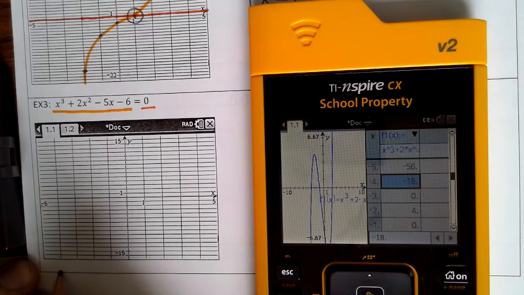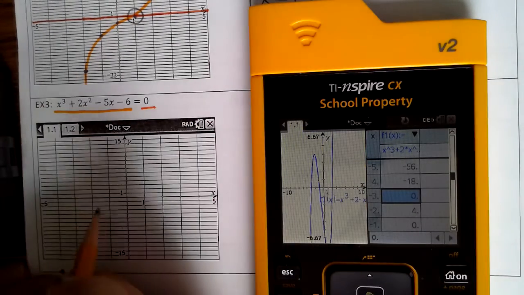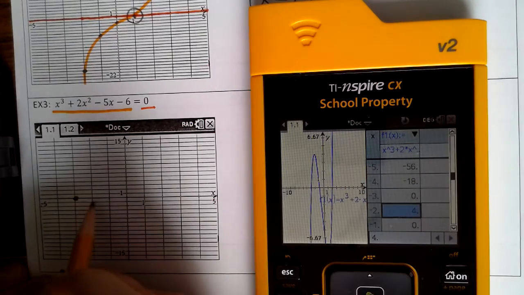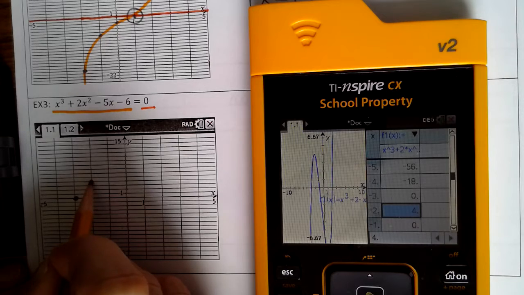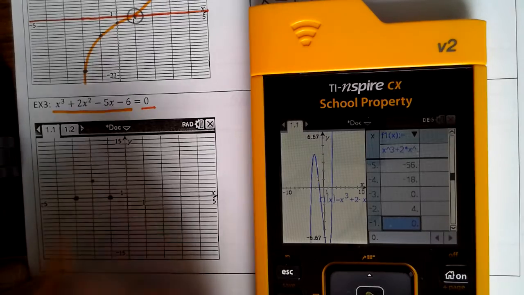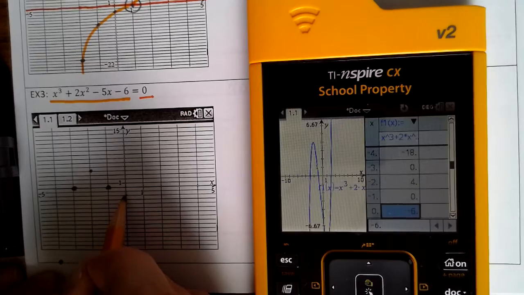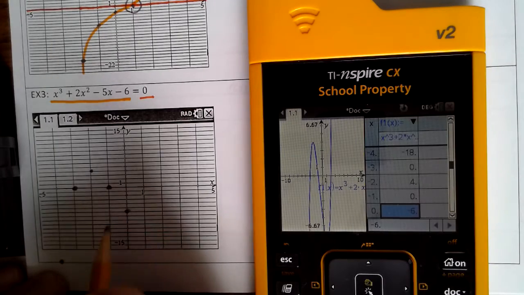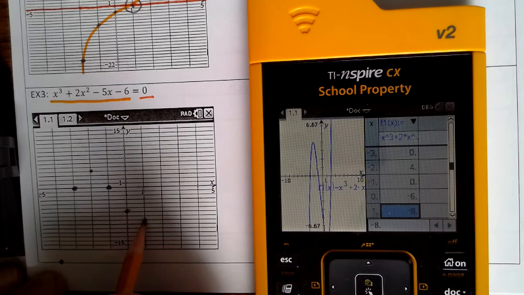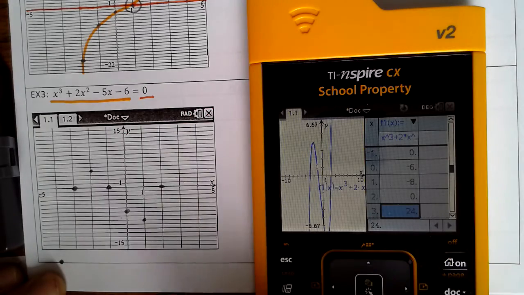Okay. Negative 3, 0, so negative 1, 2, 3, 0. Negative 2, 1, 2, 3, 4. Negative 1, 0. 0, negative 6. 1, negative 8. 2, 0. And 3, 24 is probably somewhere up there.